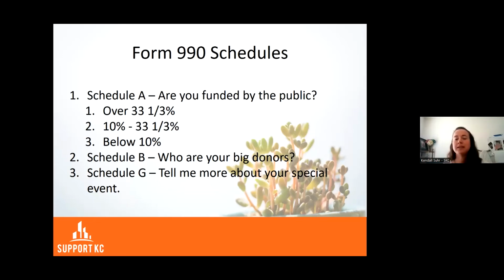Schedule B is showing your biggest donors. I get a lot of questions over this schedule, which for the most part, lists any donor that's given more than $5,000. But sometimes you have so much revenue that we can take 2% of the contributions of the current year and just list donors above that 2% if it's more than $5,000.